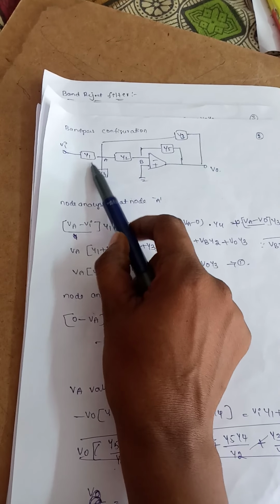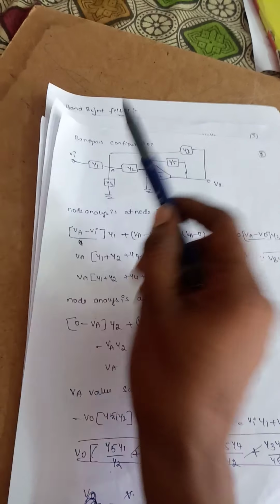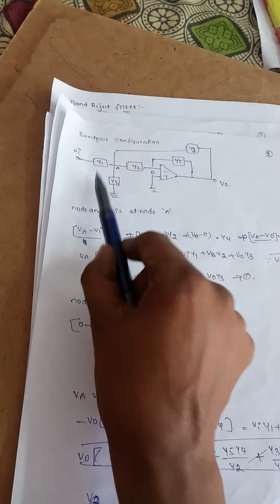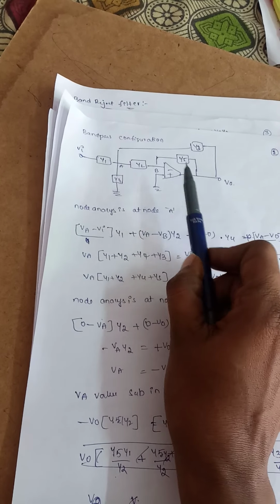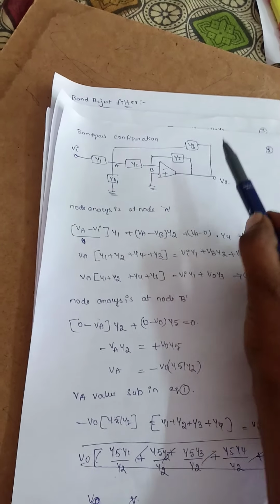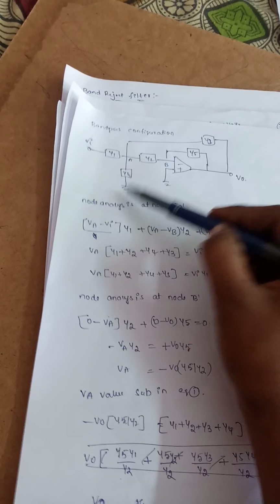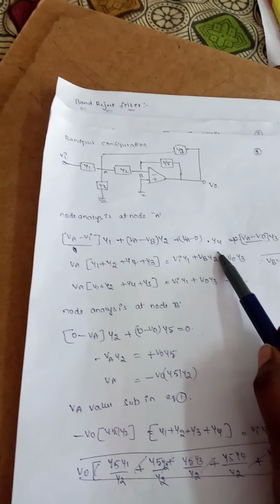But here we are taking admittance form, that's why VA minus VI into Y1. Next, VA minus V0 into Y3. Next, VA minus 0 into Y4.